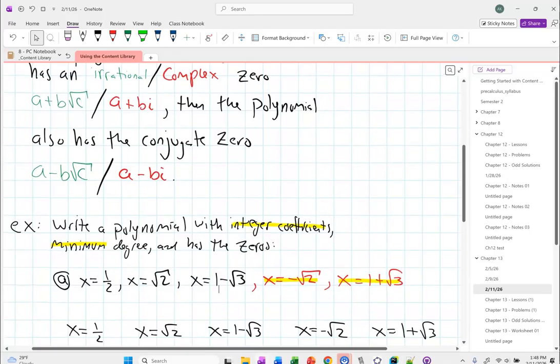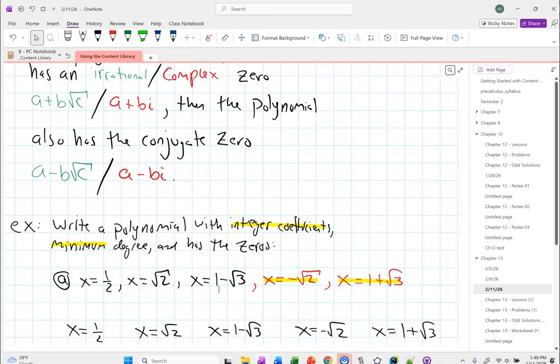A plus b square root c and a minus b square root c are conjugates. The sign in front of the square root is opposite. And how do you know if you're going to use complex? Is there an i? If there's not, then it's not a complex number, right? Is that okay?